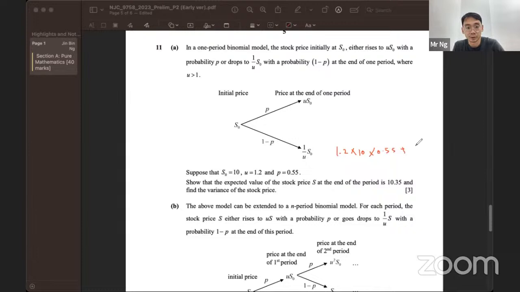So the other outcome is 1 over 1.2 times 10, times 0.45, equals 10.35. So shown.